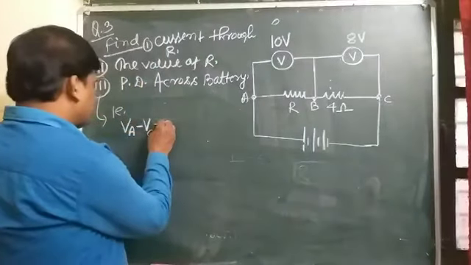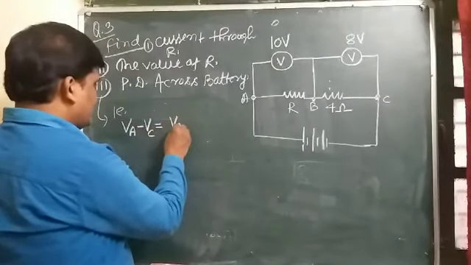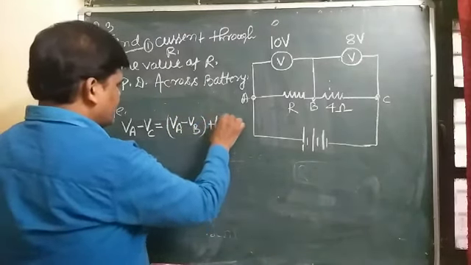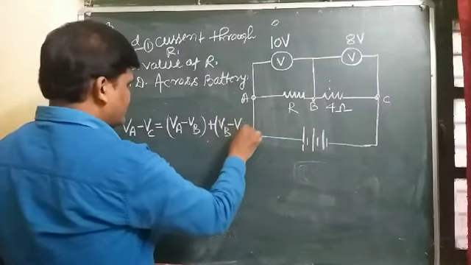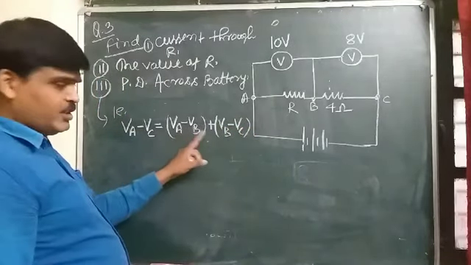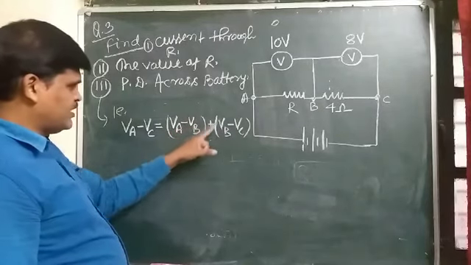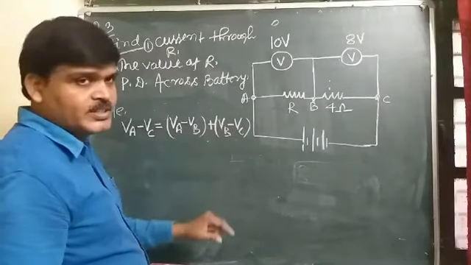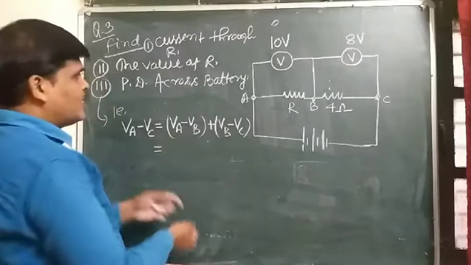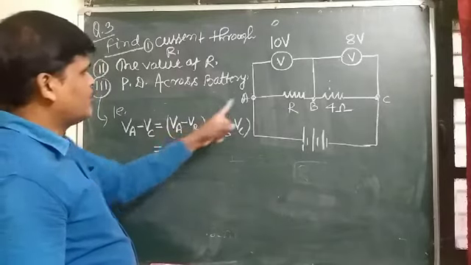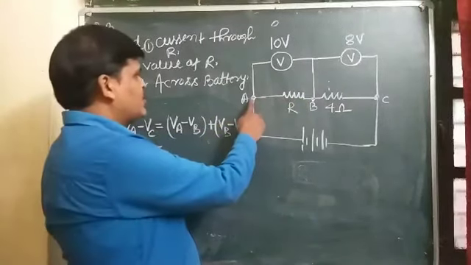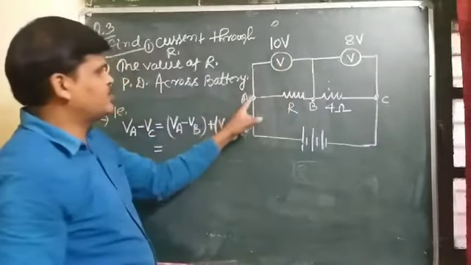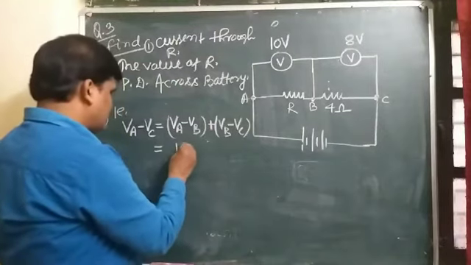And student, it can be written as VA minus VB plus VB minus VC. If you open this bracket, this VB and this VB cancel out, so you get VA minus VC. The potential difference across point A and point B is 10 volt, so VA minus VB is 10 volt.